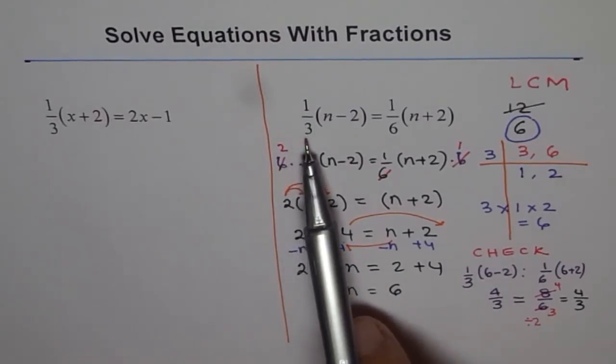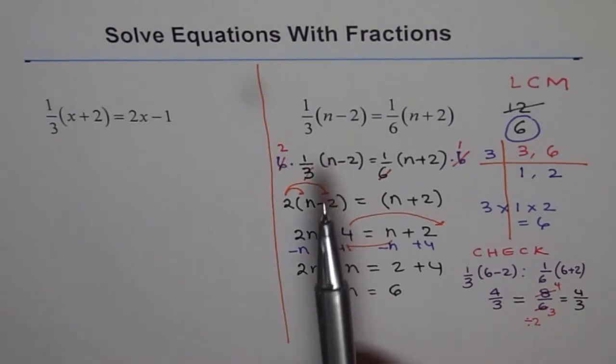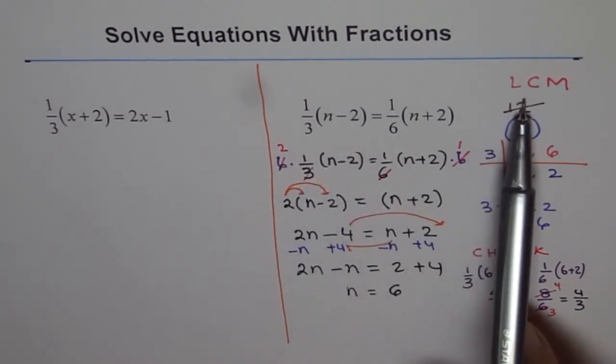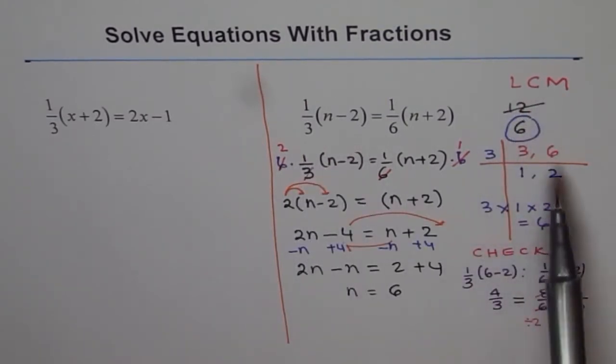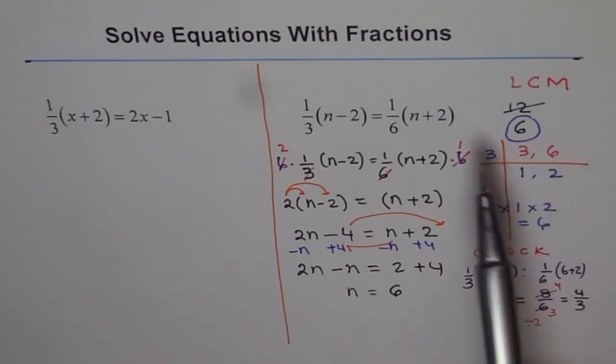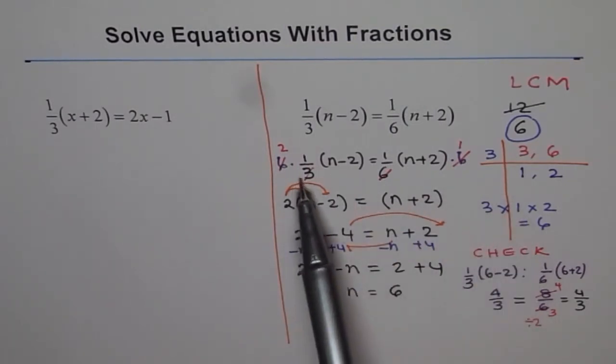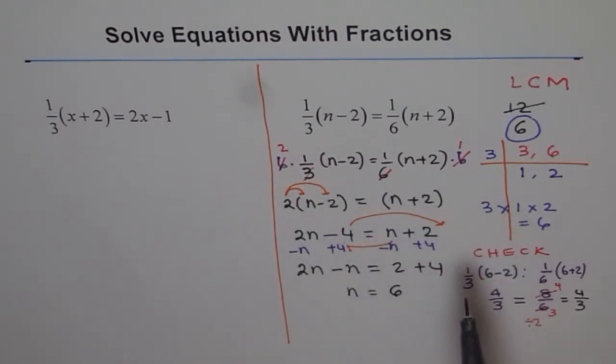Here we had two types of denominators, one 3, the other 6. The key here is to find the lowest common multiple. Then you multiply both sides by the lowest common multiple, thereby getting rid of the denominators, rather fractions, right? And then you have a straight equation to solve, which is much simpler.